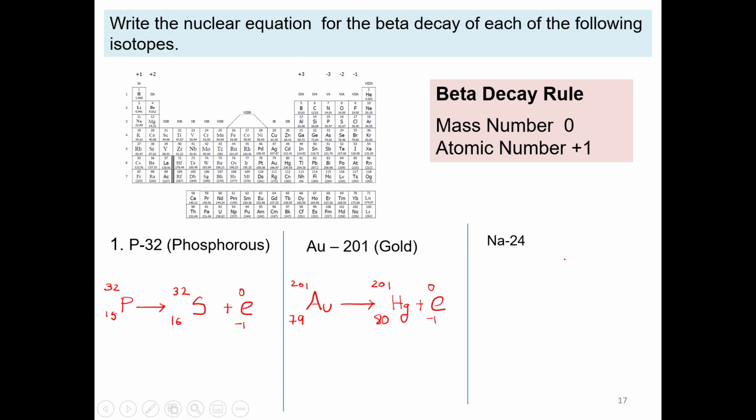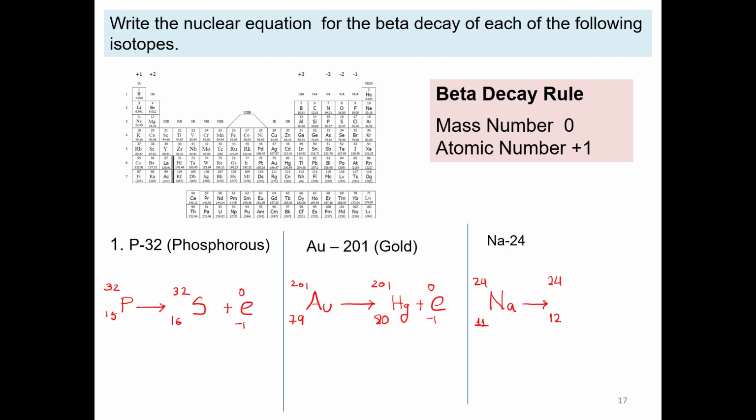Let's now try to write the equation in the case of sodium. First we will write the nuclear symbol for sodium, and the atomic number for sodium is 11. If beta decay occurs, then the mass number of the isotope in the product is the same, but the atomic number increases by 1.